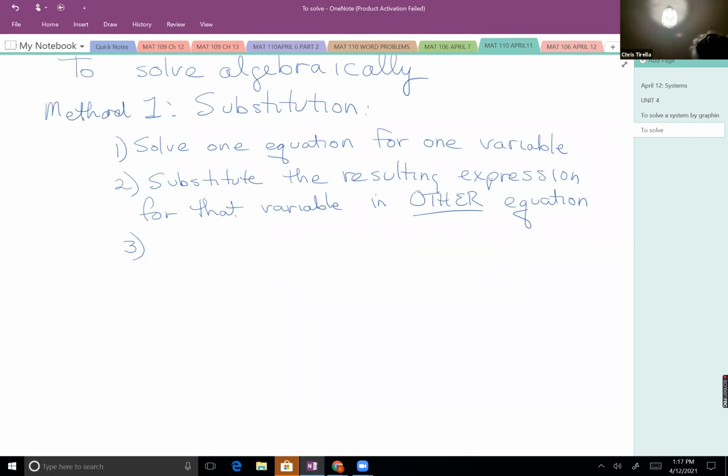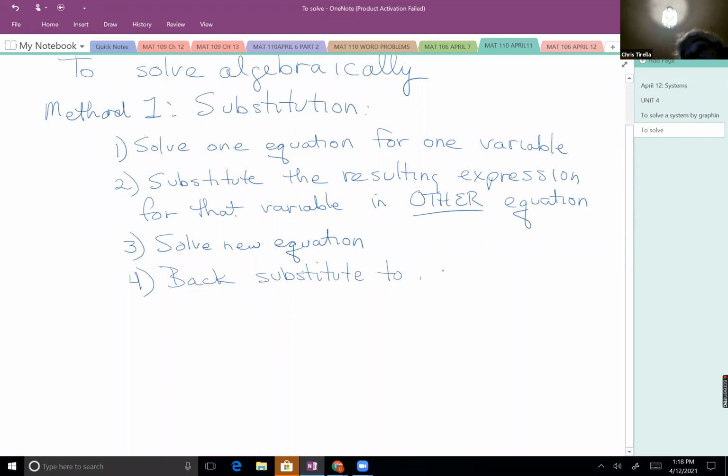That'll give us an equation with one variable. So we're going to solve that new equation that we formed. But when we do that, we'll only know half of the answer. We'll only know one of the variables. So we'll have to back substitute in any of the preceding equations to find the other variable.